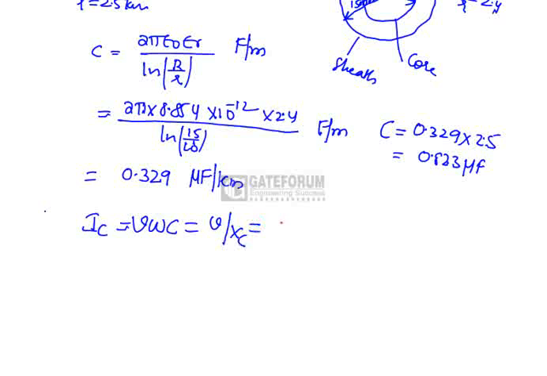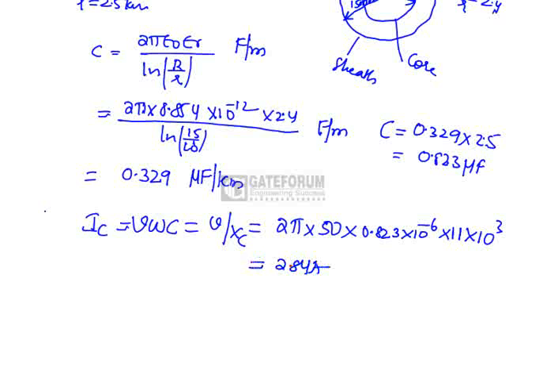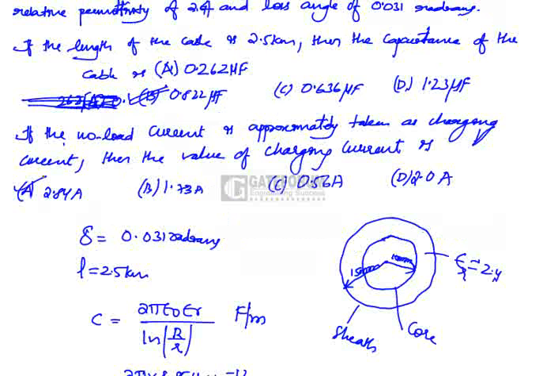V is equal to 11 kilovolts, omega is 2 pi into F, F is 50 hertz, and capacitance is 0.823 into 10 power minus 6 farad. It is a single phase line, so we should not divide by root 3; the RMS value is directly 11 kilovolts. You can find this as 2.84 amperes, which is option A.